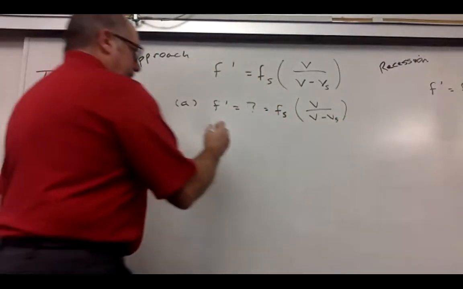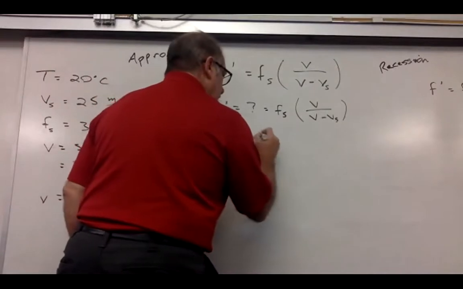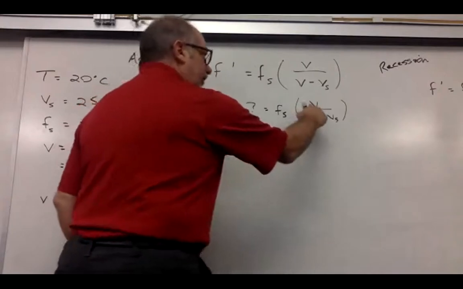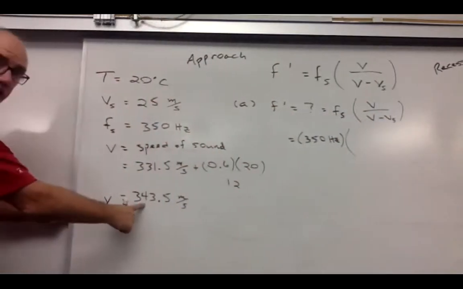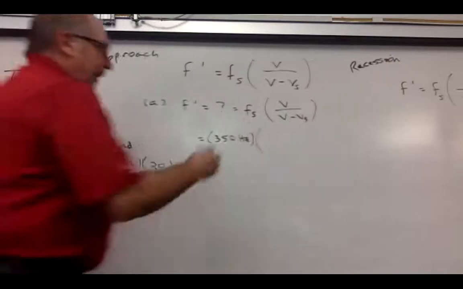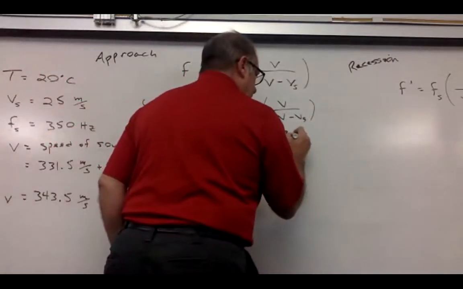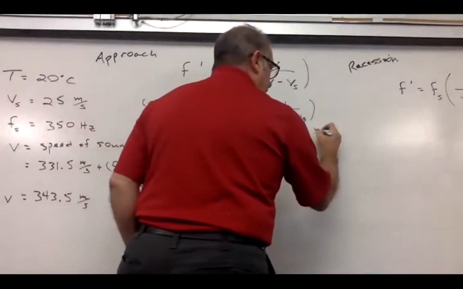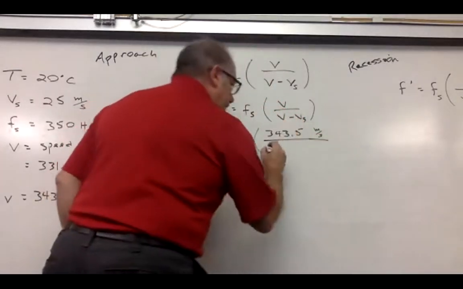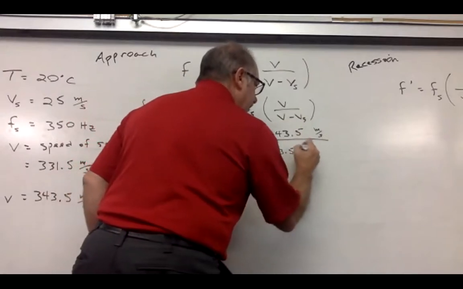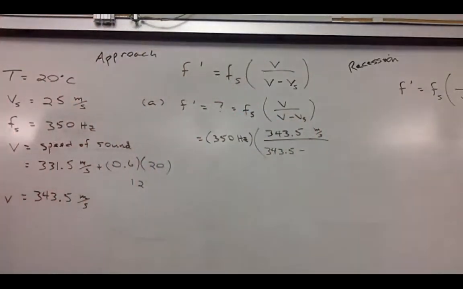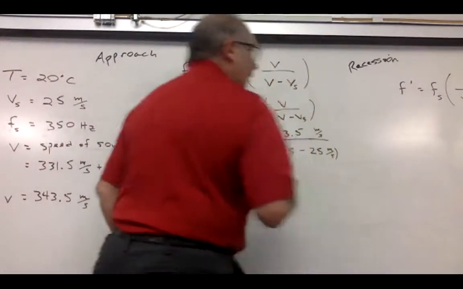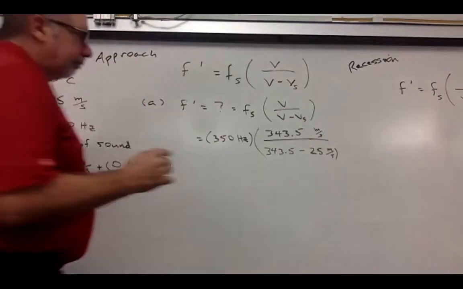Plugging my numbers in, I get 350 hertz times V. V is the speed of sound, 343.5 meters per second, over 343.5 minus the speed of the source, 25. That's how fast the train is moving. Okay?